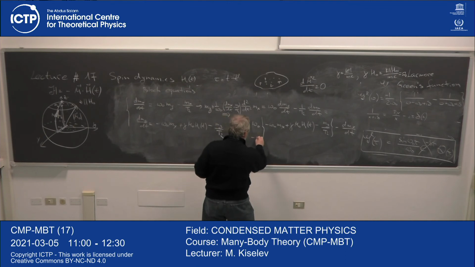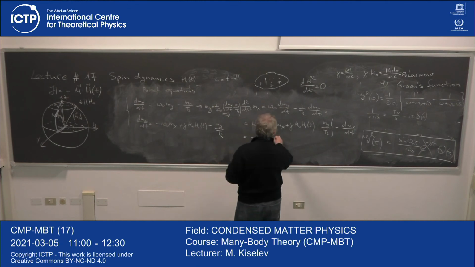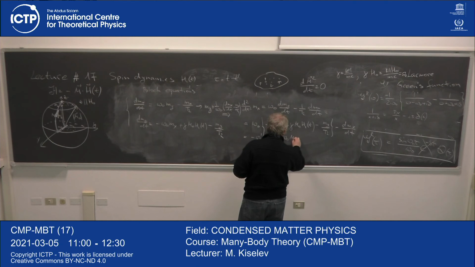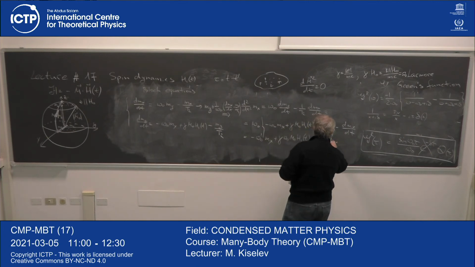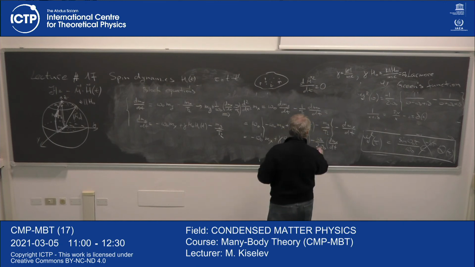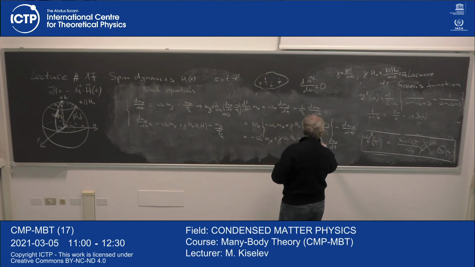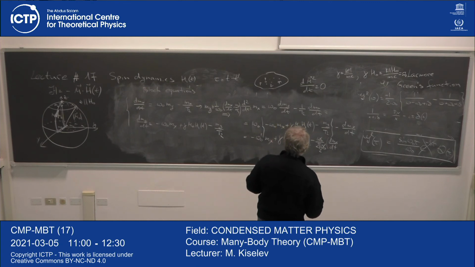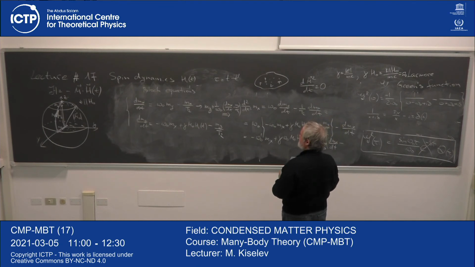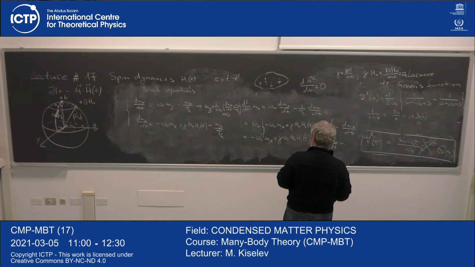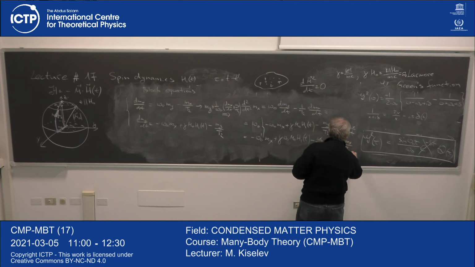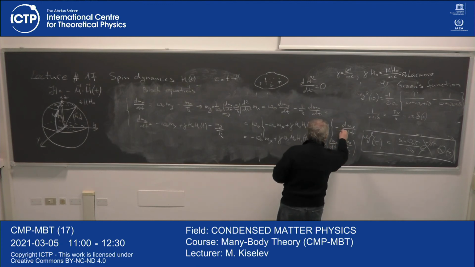So then it is minus omega naught squared mx plus gamma omega naught m naught h1 minus omega naught divided by omega naught, dmx over dt, times 1 over T2, and minus my, so this is plus mx over T2 and minus 1 over T2 dmx over dt.